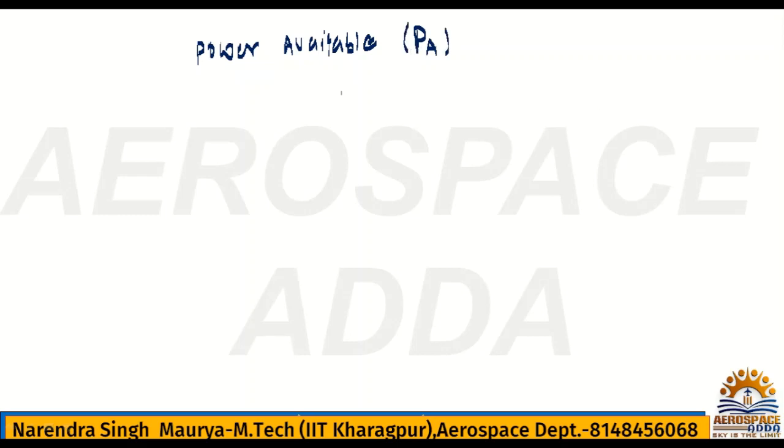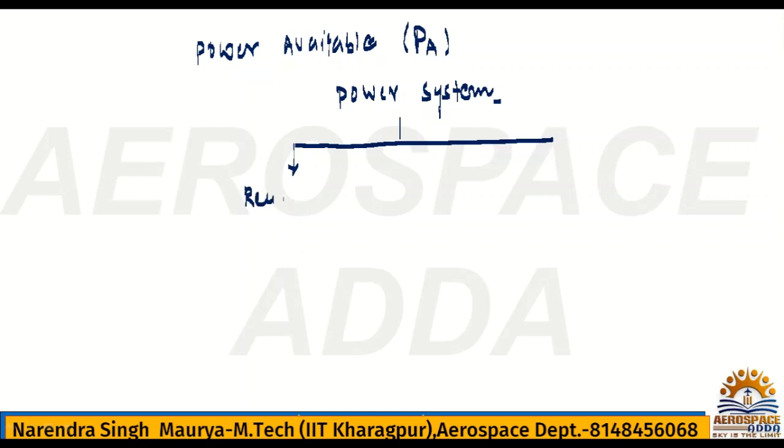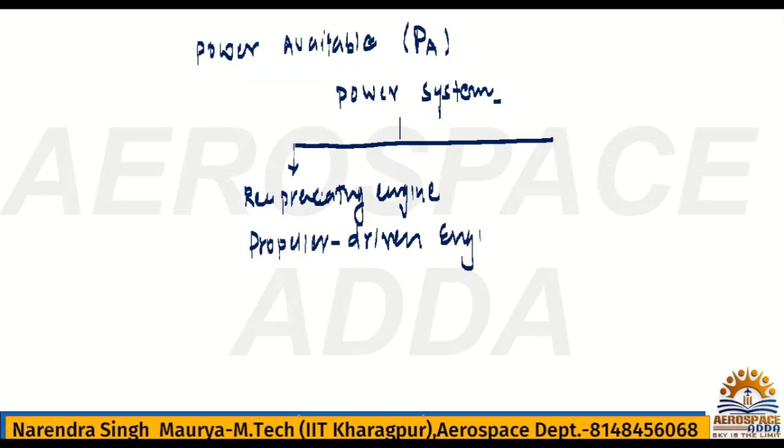In power available we'll talk about the power system first, and for that we have two types of power system: the reciprocating engine, which is basically the propeller engine, and next the jet engine, like turbojet, turbofan, all.